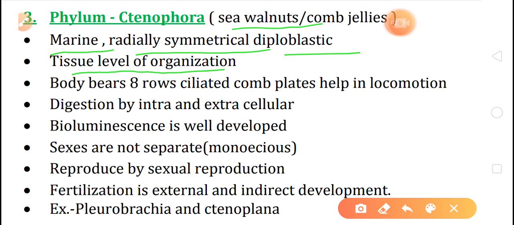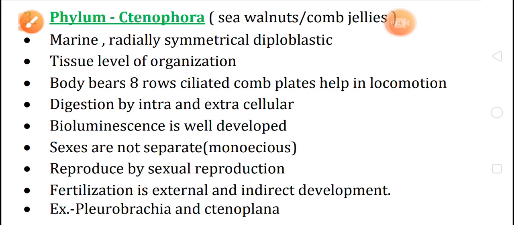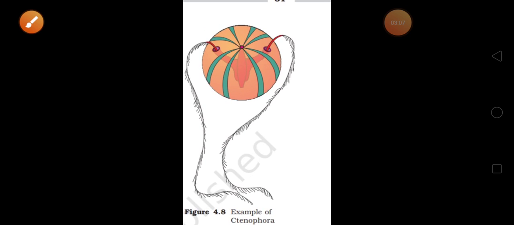The body of Ctenophora bears 8 ciliated combs that help in locomotion. So 8 rows of cilia are found. See the picture first. This is the Ctenophora in which the cilia are there.